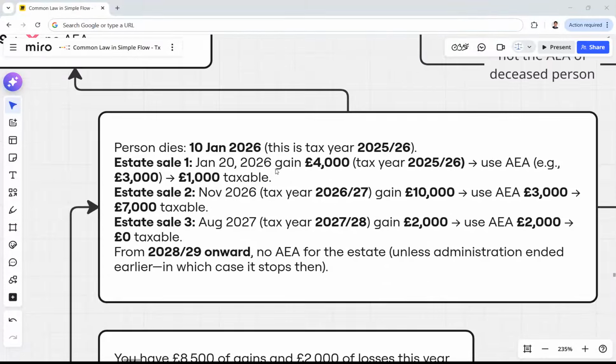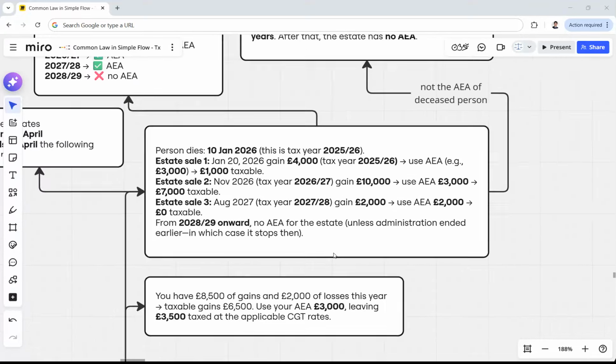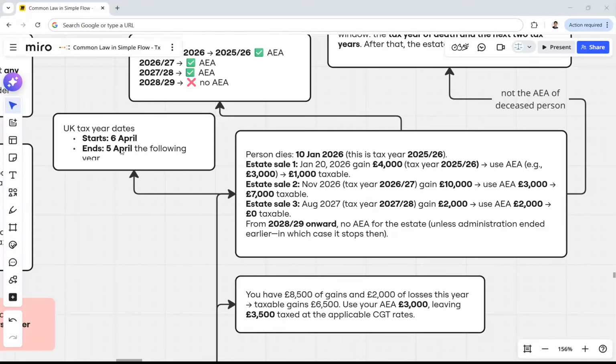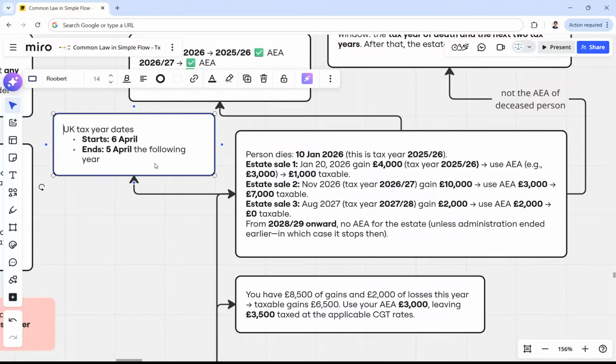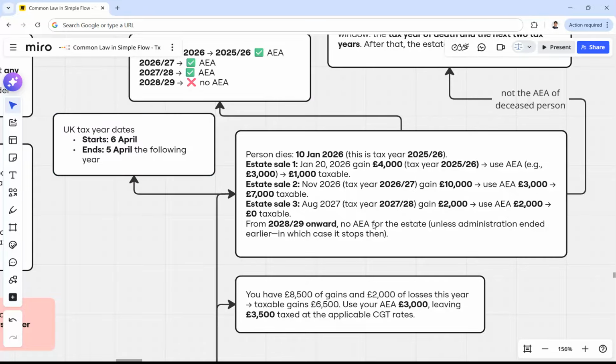So a small correction to understand more clearly. 10th of January 2026 is still the tax year of 2025-26 because the new tax year starts in April. The UK tax year starts on 6th of April and ends on 5th of April of the following year.